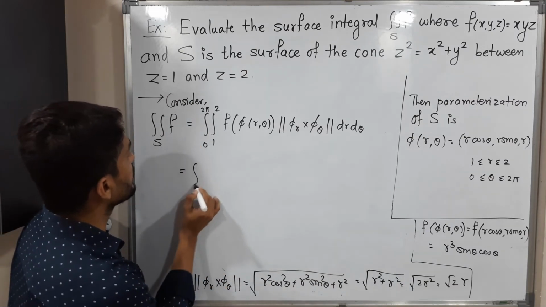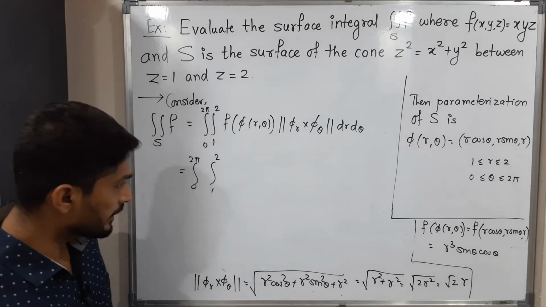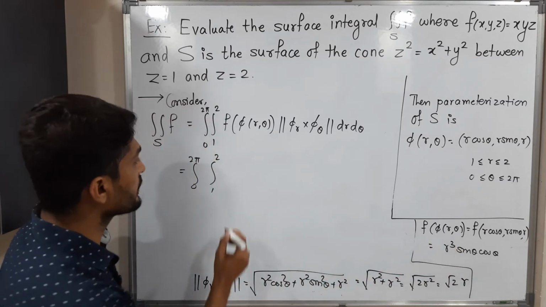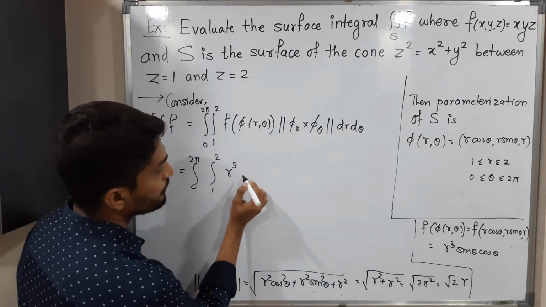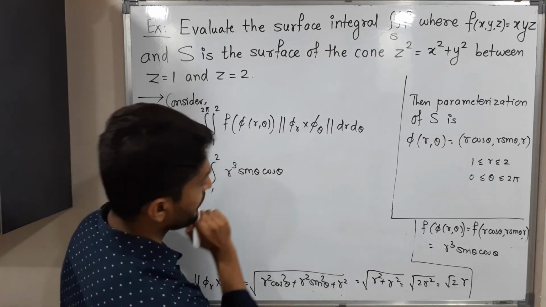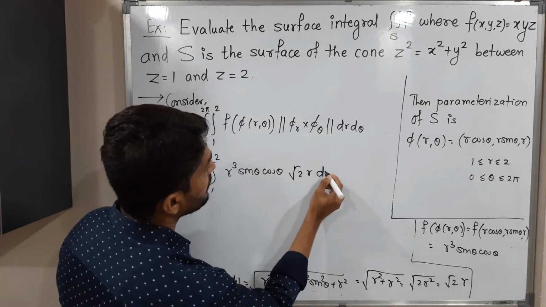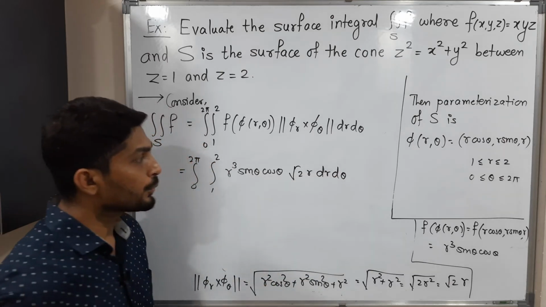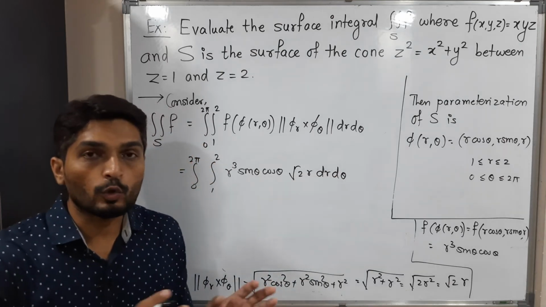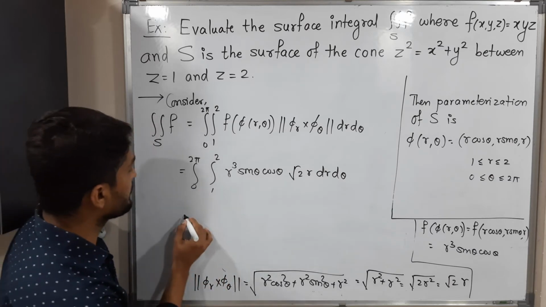So this is equal to integration 0 to 2 pi, 1 to 2, f of phi of r theta, whose value we have got here. So let me put r cube sine theta cos theta. What is the value of this norm? It is root 2 r dr d theta. When we have any constant, we take it outside. So here we have a constant root 2, let me take it outside.